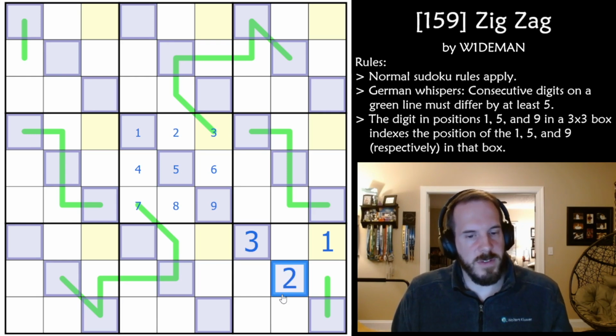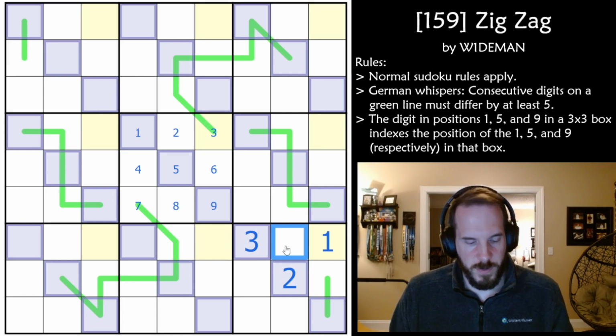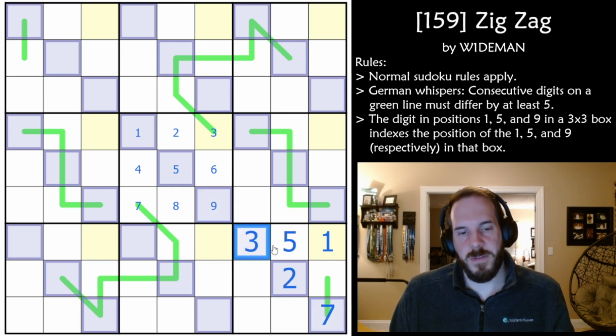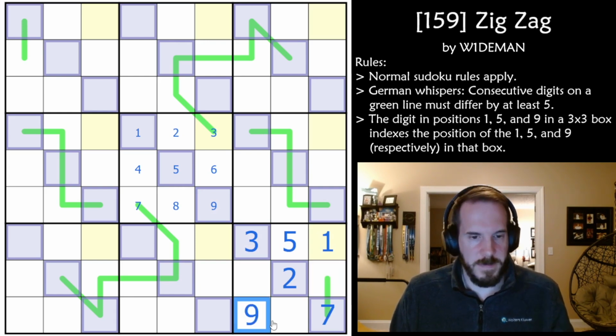Similarly, if I were to put a 2 in the central cell, it's telling me that the 5 is in position 2 of this box. And if I were to put a 7 here, the 9, because this is in the bottom right corner in position 9, tells me it goes in position 7 in this box.